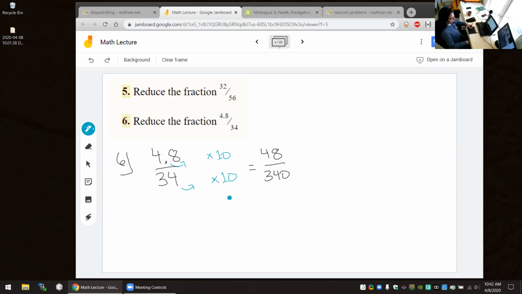Everyone okay with what I have on the board so far? Then now it just looks like something I'm familiar with. 48 over 340. I can divide top and bottom by 4. That's going to give me 12 and whatever 340 divided by 4 is. 85.